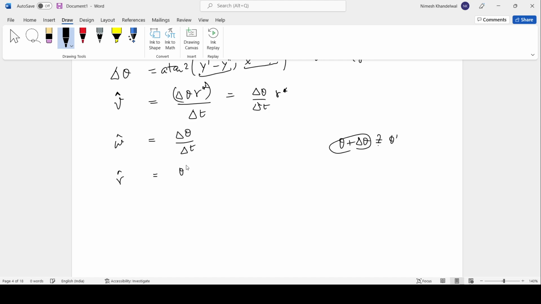I give the desired omega, because I want the actual omega to be theta prime minus theta, because I want to reach theta prime, and I subtract omega. So basically this quantity will go to zero as your theta plus delta theta actually goes to theta prime.